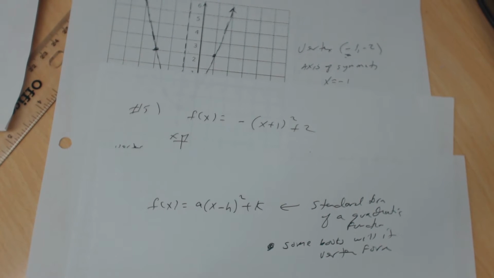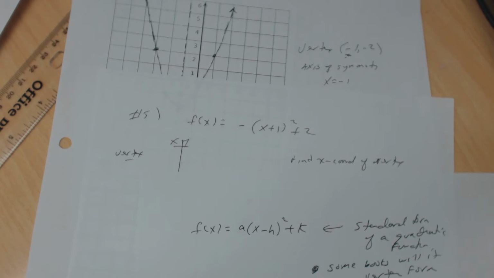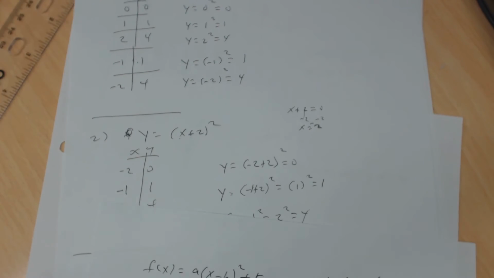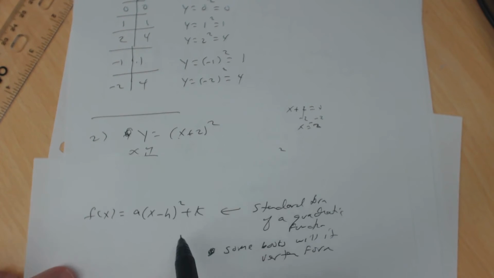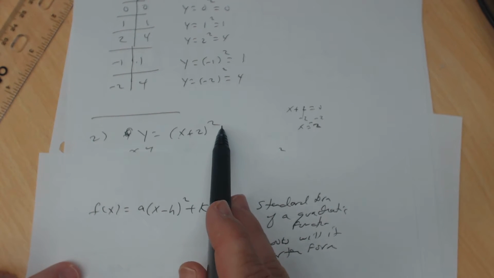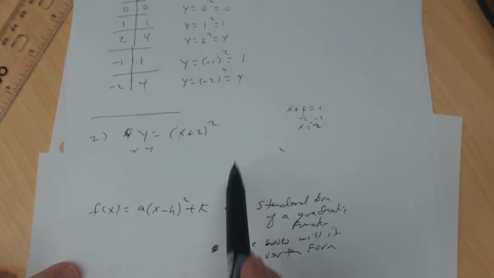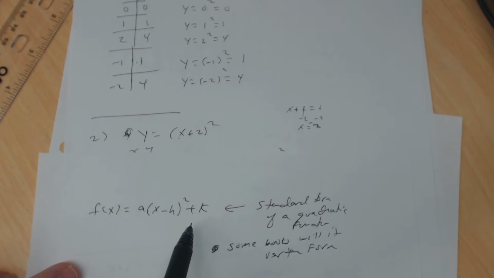So what I want you to notice is this. When we did number 2, recognize that this looks like this. You may say, well, there's no k. Well, k is understood to be 0, so that's plus 0. So whenever it looks like this, you can easily find the vertex.